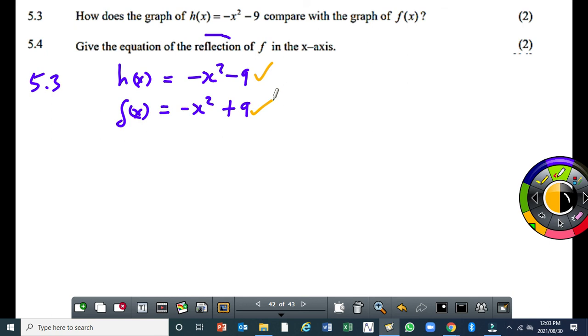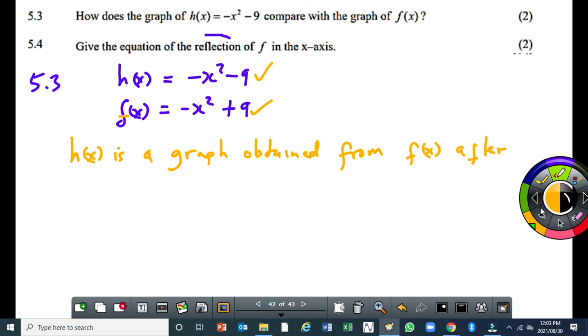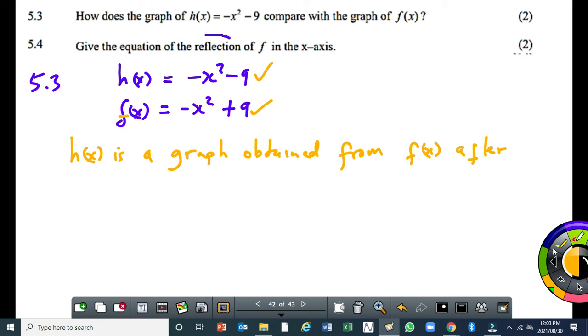So compare with the graph of h of x. Well, what I would say is that h of x is a graph obtained from f of x after a vertical shift of 18 units downwards.